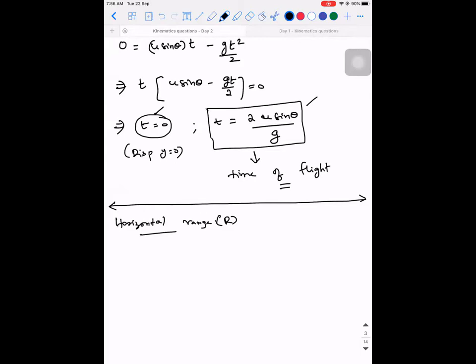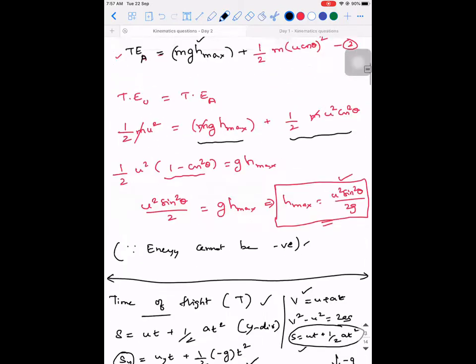How do we derive this? Applying S is equal to ut plus half at square along which direction? X direction. If you do this, what is the final value you will get? So displacement along x direction is R is equal to, what is the initial velocity along x direction? U cos theta.